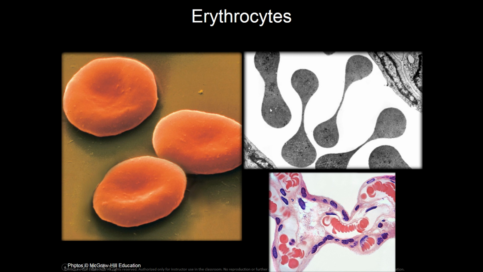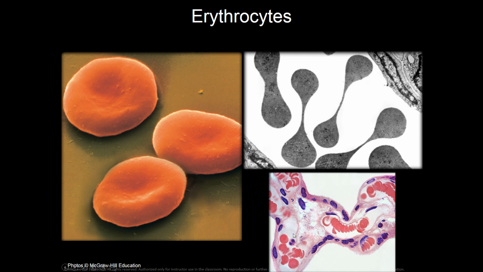And if you see a side view of the erythrocytes in this electron microscopy, you can see the edges of the erythrocytes will correspond to this part, and the central part will correspond to this part. So you have two biconcave surfaces within the red blood cells.